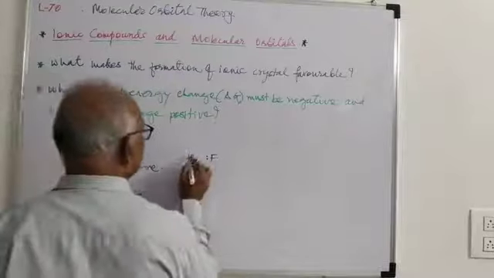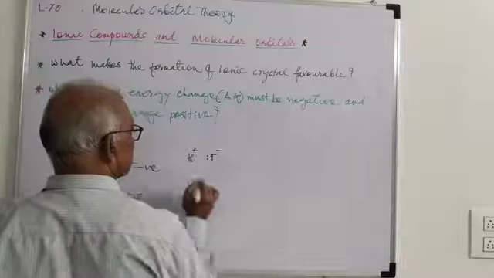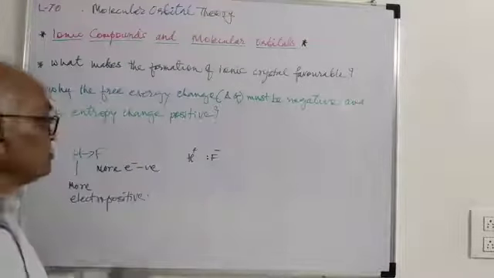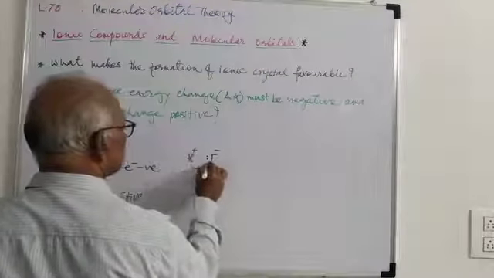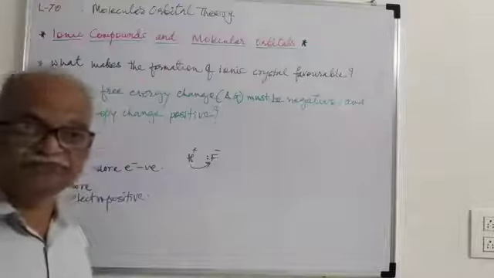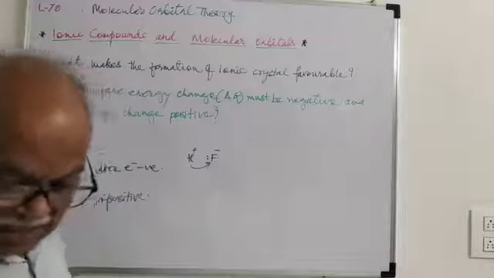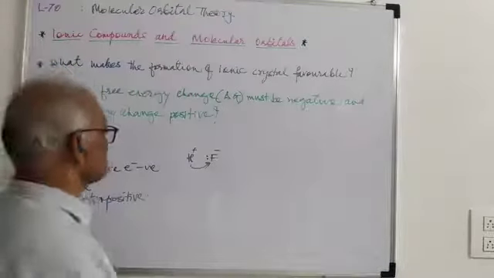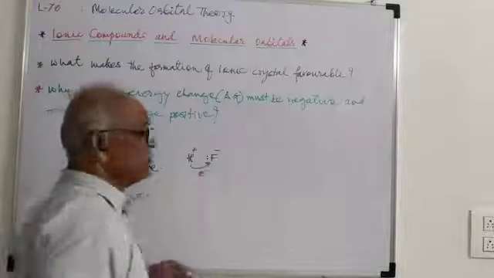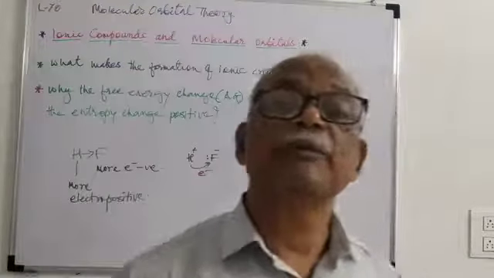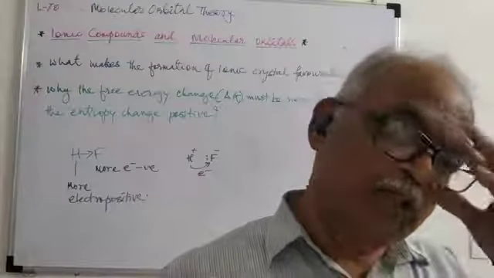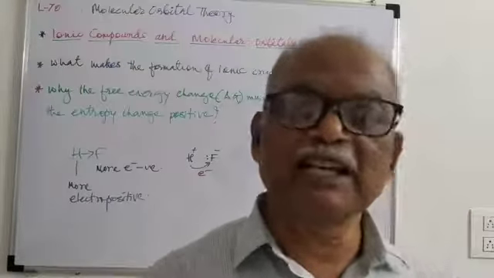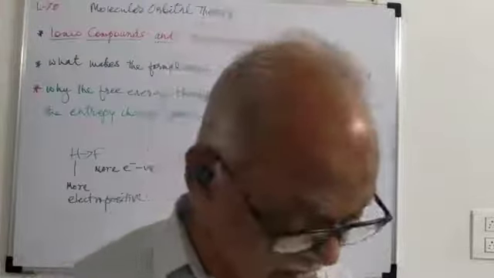That is why H becomes plus and F becomes minus. So there is actual transfer of electron from hydrogen to fluorine. This is because of the stronger electronegative nature of one atom and weaker electronegative nature of another atom.